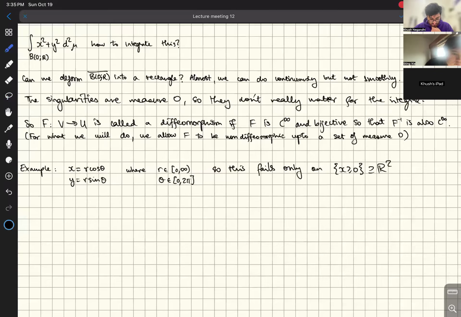This example already shows us that we now have the ball, and we can look at it as a rectangle in polar coordinates. So a ball is a rectangle in polar coordinates.